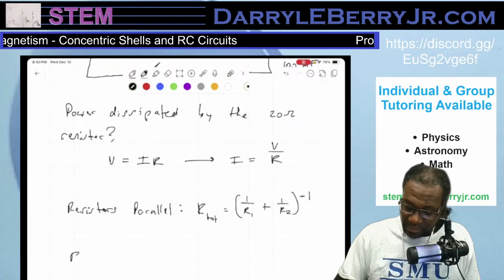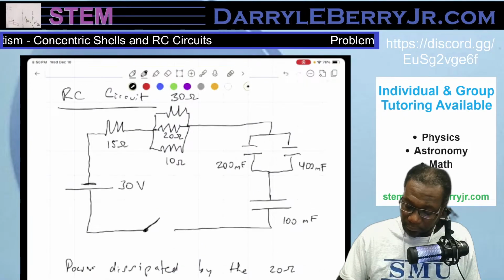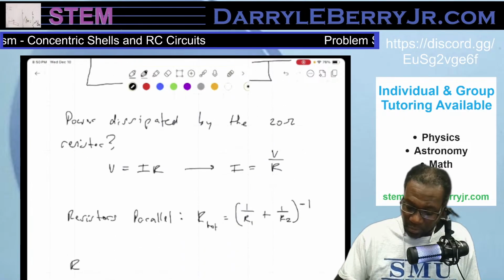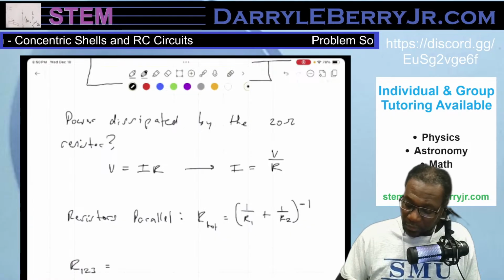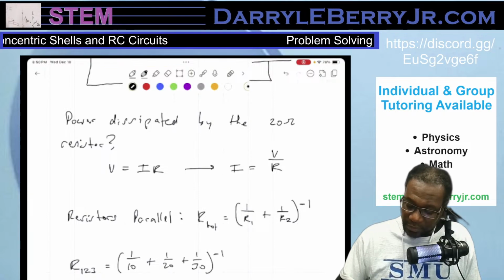So that means that, call this R1, 2, 3, equals 1 over 10 plus 1 over 20 plus 1 over 30, inverse.